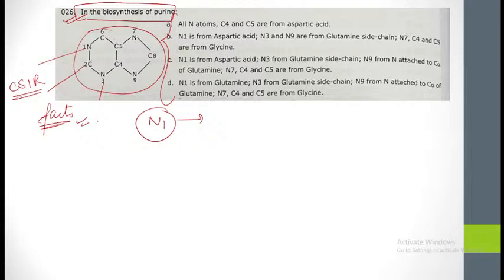Then we'll discuss. Very good. So Mayank is writing B, HH is writing B, other students as well. Quickly mark the answers. Quickly, very simple question.